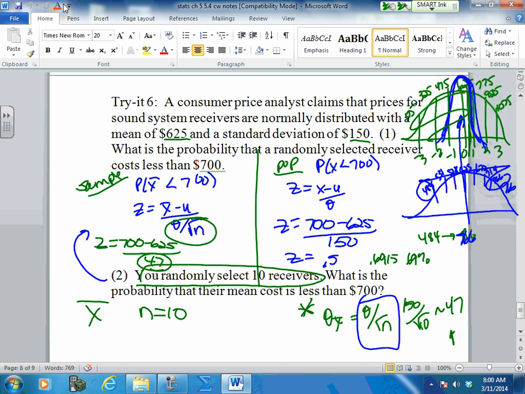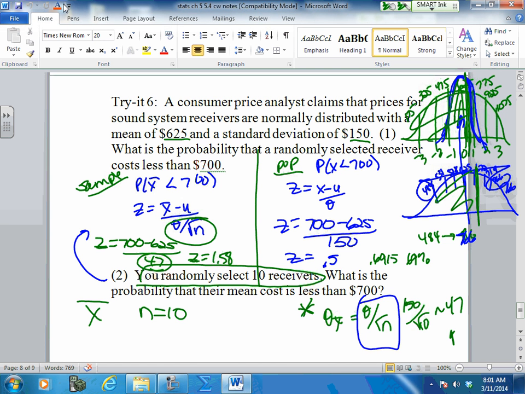So you're going to figure that out, and you're going to come out to 1.58, somewhere over here. And you're going to check its area. That area is going to be larger than the 69.15%, isn't it? It's a bigger chunk of my curve. And up here, you can kind of see you're really getting a big chunk of your curve in here.